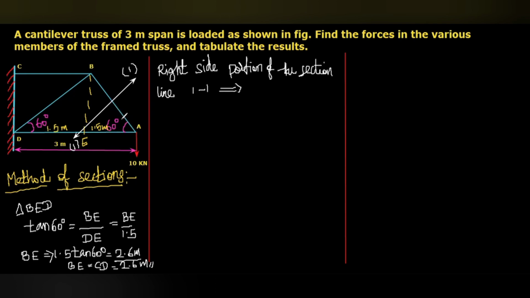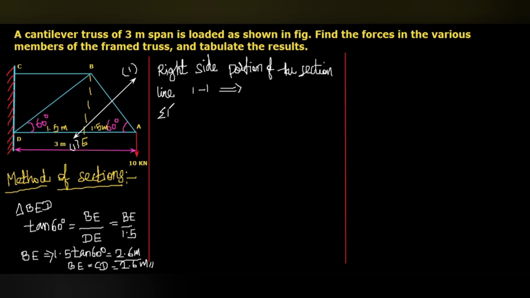Like here, AB and AE. These two are cut by the section line, so the forces in those particular members only we have to consider. So in this considered portion, there are 3 forces: 10 kilonewton, the point load, then forces in the members AB and AE. Then take moment about other points to find out the values. Here, I am going to take moment about D.